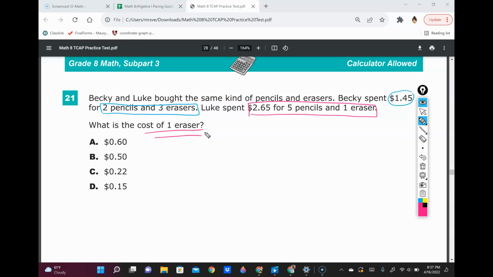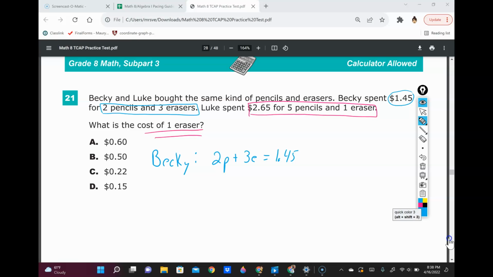That's absolutely fine. One strategy that I'm going to use is a system of equations. I'm going to create an equation for Becky. I'm going to use P for pencils and E for erasers. Becky bought 2 pencils plus 3 erasers, and she spent $1.45.